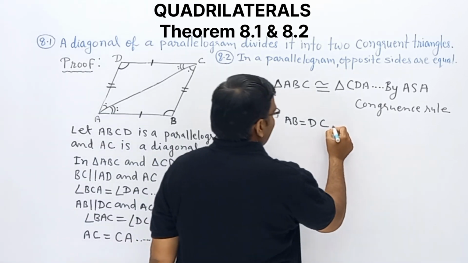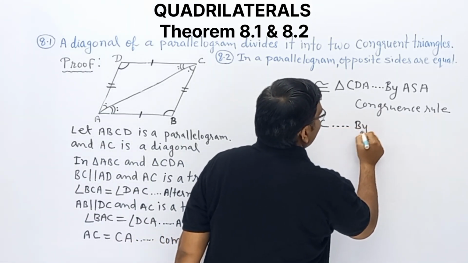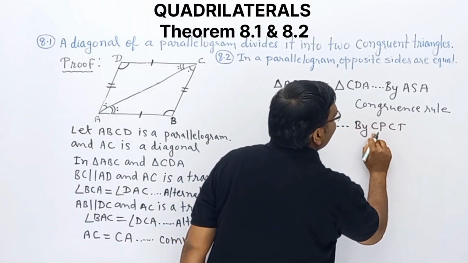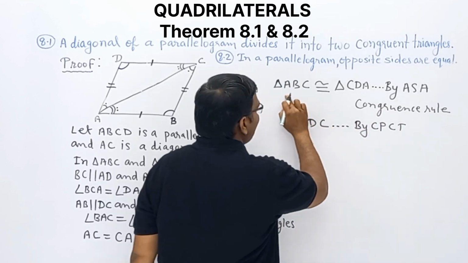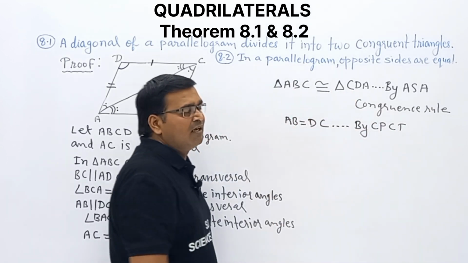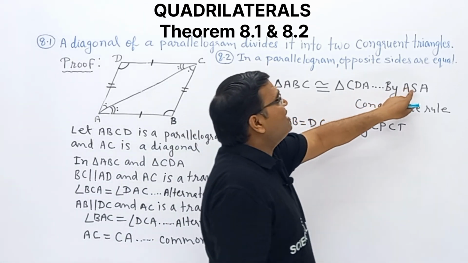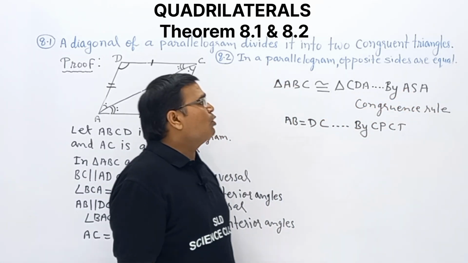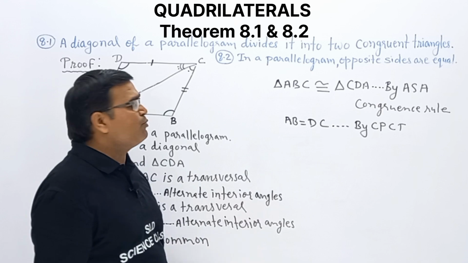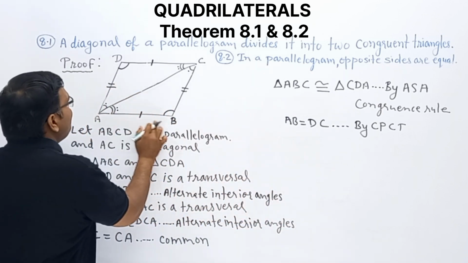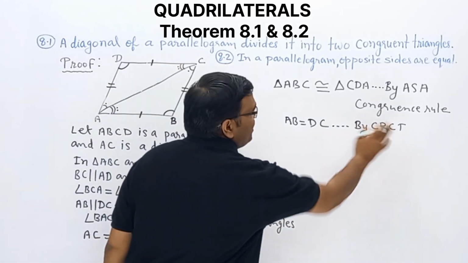Because by CPCT, corresponding parts of congruent triangles. We proved both the triangles are congruent. And how are we getting this one? Angle side angle congruence rule. So corresponding parts of these two triangles will be equal. So AB will be equal to DC by CPCT.